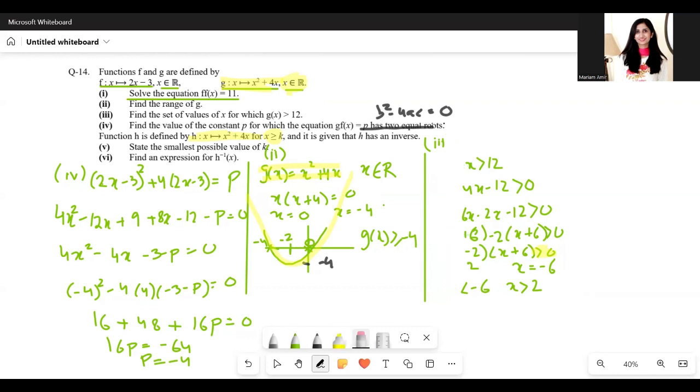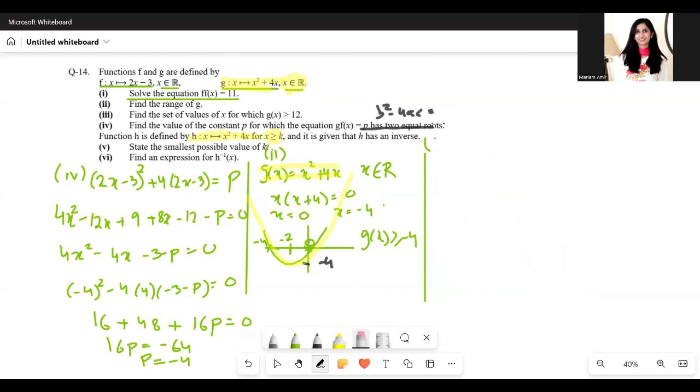Okay, so if h currently would not have an inverse, if you look at the graph of g of x, this graph will not have an inverse. Why? Because it does not pass the horizontal line test. And what should be the minimum value of x that we take so that it passes the horizontal line test? That would be if we just start the graph from here and ignore the left part, then this graph will pass the horizontal line test and then it will have an inverse.